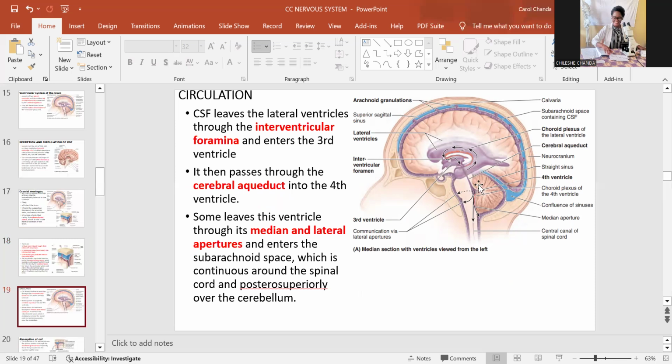Now, there are so many ways that cerebrospinal fluid leaves the ventricular system. So one of the ways is it goes through arachnoid granulations. There will be arachnoid granulations, these ones.